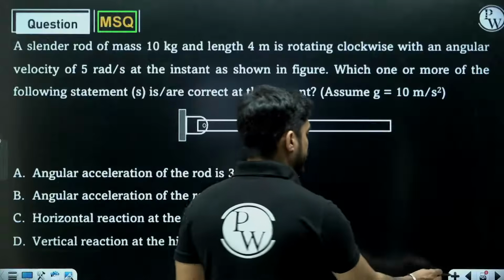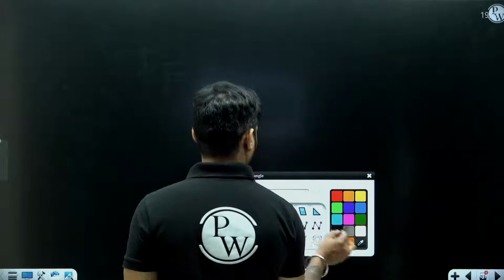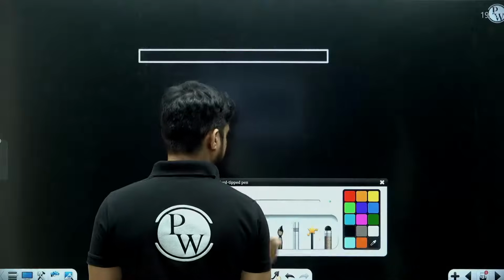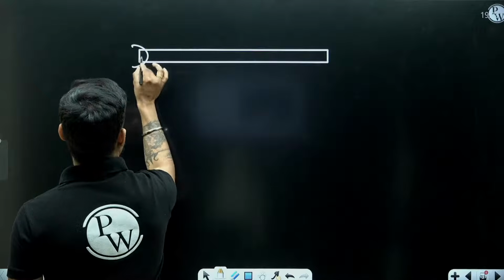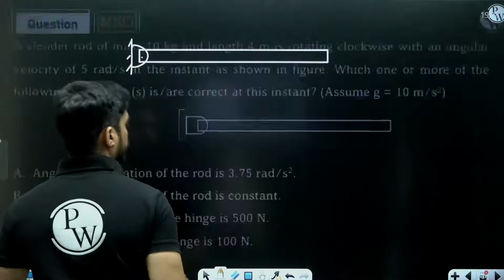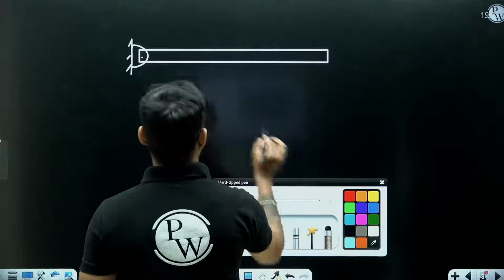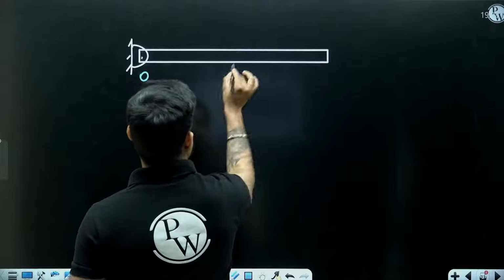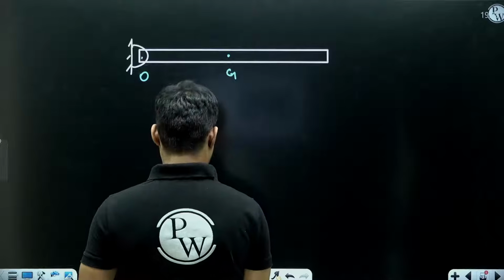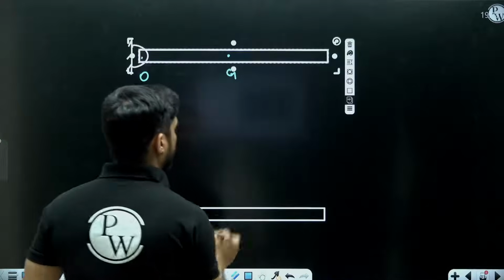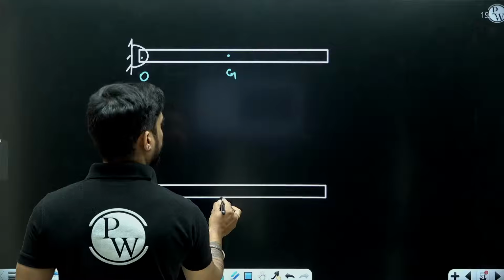First thing that you need to do is you need to draw two diagrams. The first diagram, let's say this is point O and this is point G. The first diagram will be the diagram of acceleration.